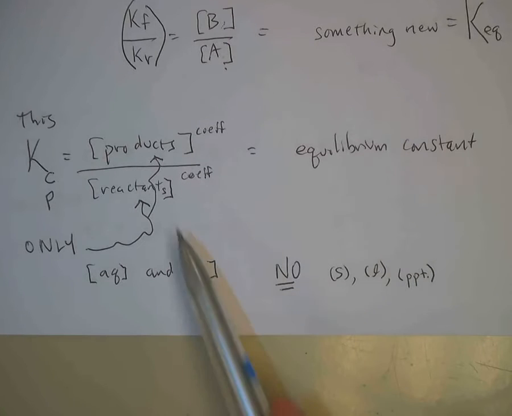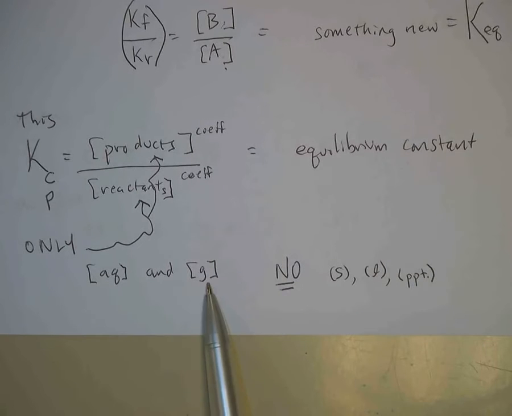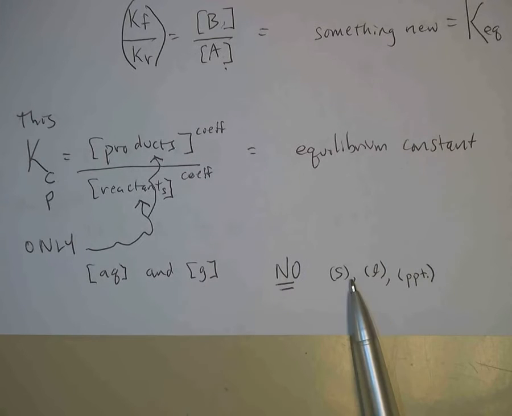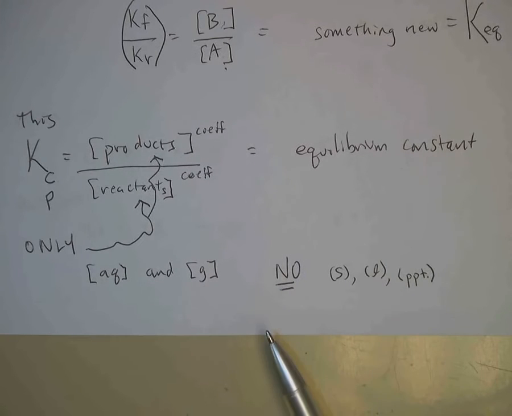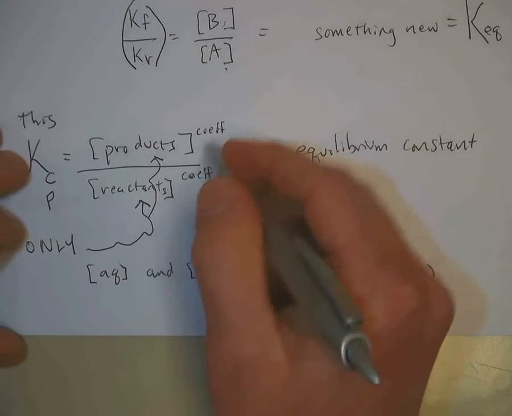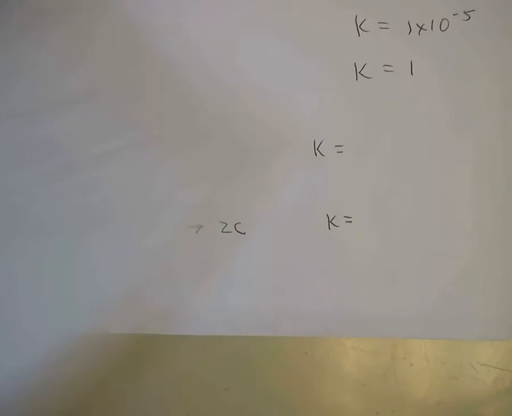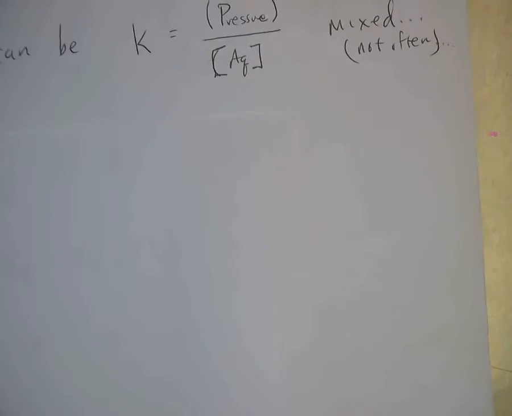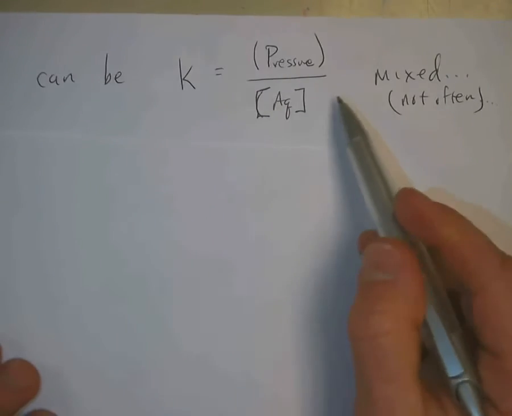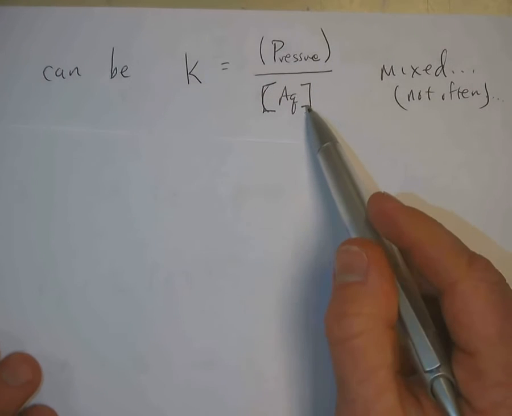Remember, for products and reactants, you can only put in aqueous things and gaseous things. You cannot put in pure solids, pure liquids, or precipitates. These things cannot fit in there because they don't have concentrations or pressures. Only things that are aqueous or gaseous go into the equilibrium constant expression. K can be a mix of pressures and aqueous concentrations.